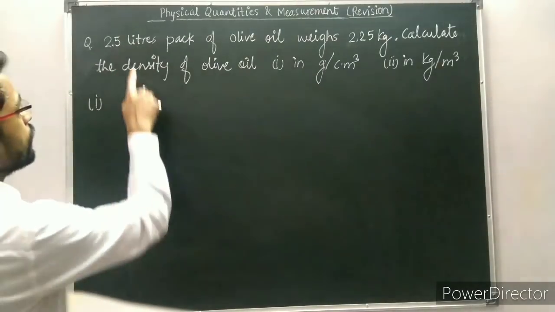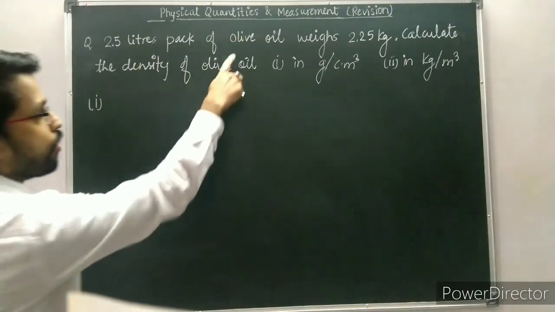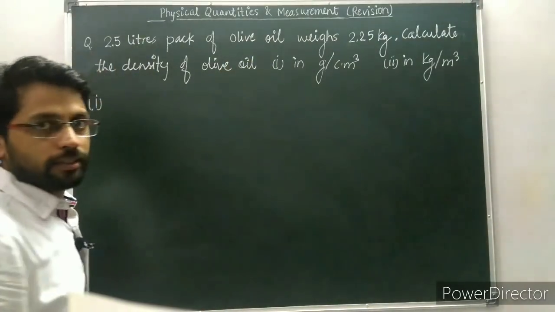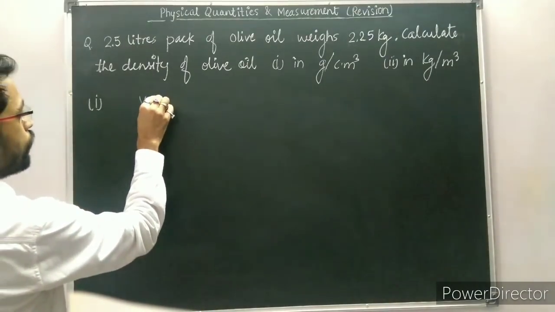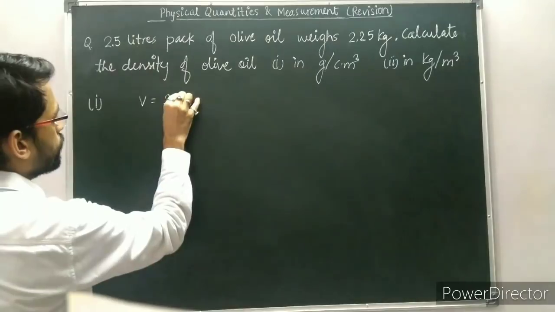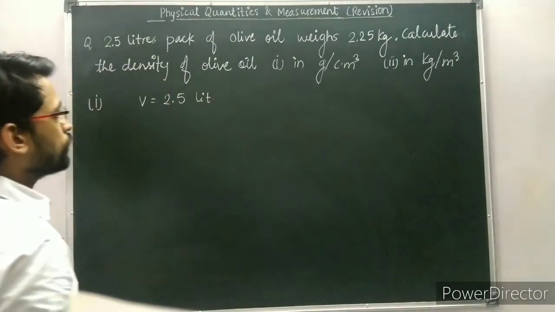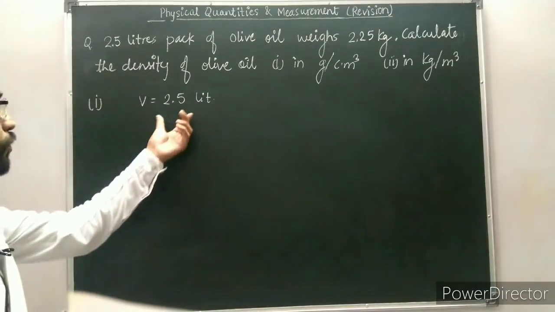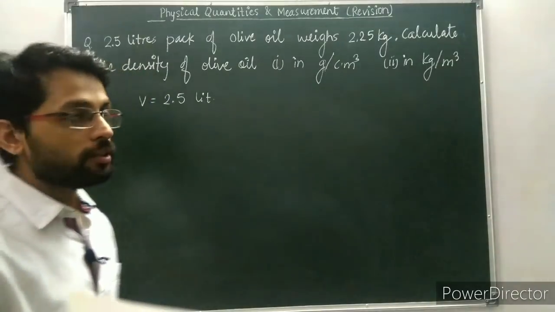Here the volume of olive oil is given in liters because olive oil is a liquid material. So the volume of olive oil is 2.5 liters. We have to convert this volume into centimeter cubed.